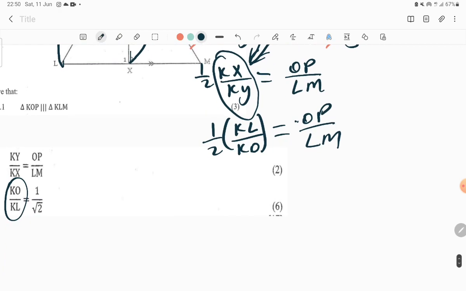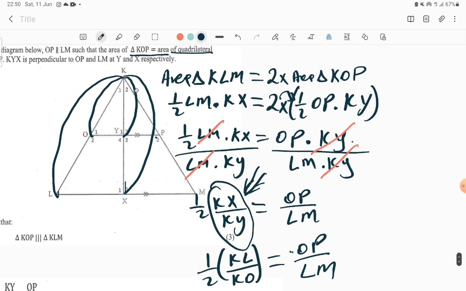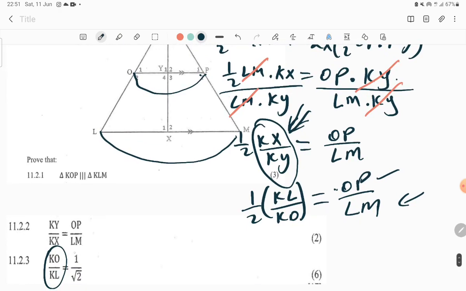Then what are we having? Let's have OP and LM in our diagram. OP over LM, which is the shortest side, divided by the longest side. It is equal to, I want us to have KO always and KL, because in our proof we have KO and KL.